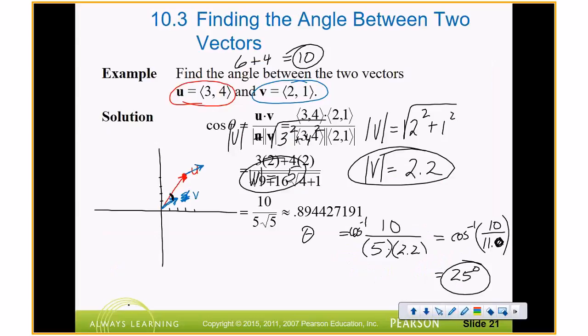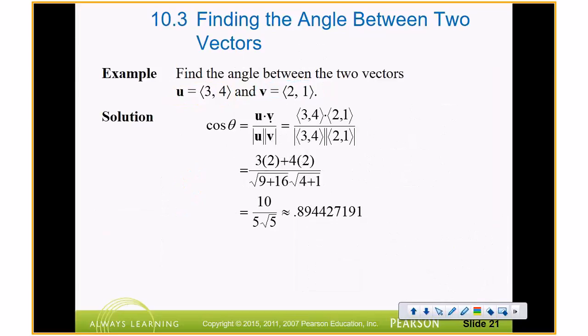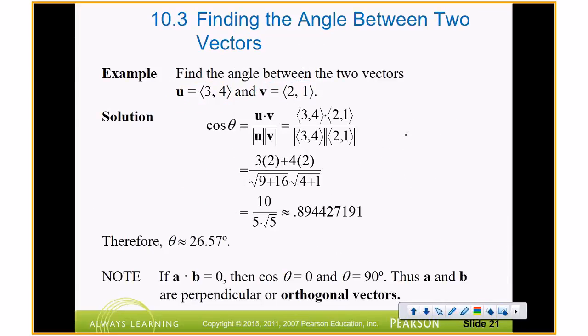And let's see what they got. Let me just erase this. We got 25 degrees. Let's see what they got. We got 25, they got 26. They must have. Oh, we only rounded to 1 digit.